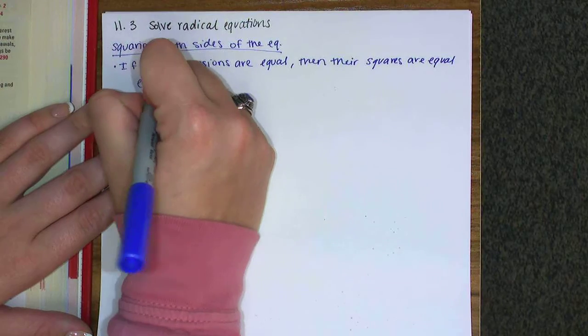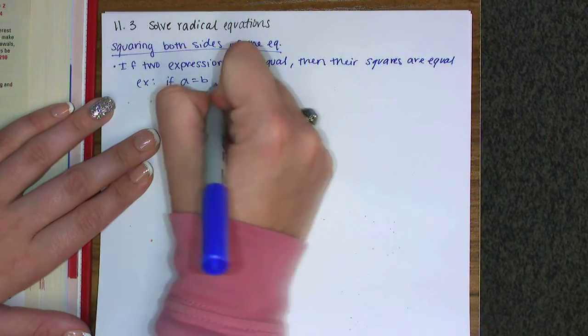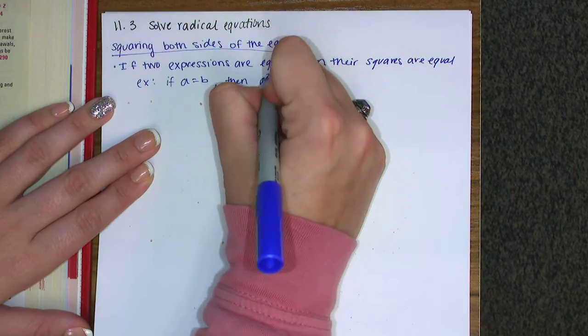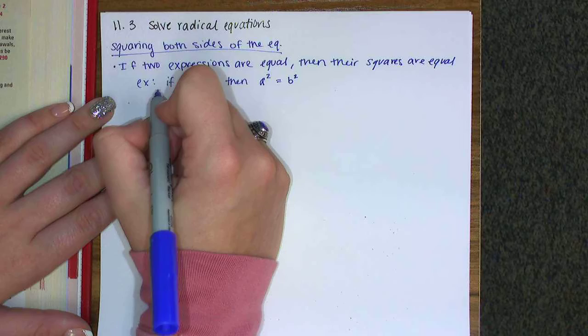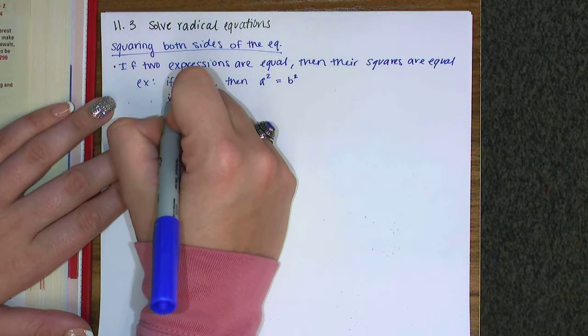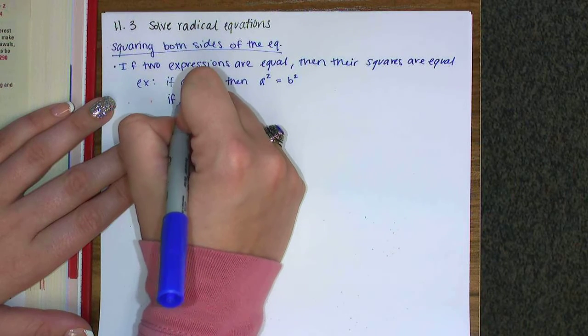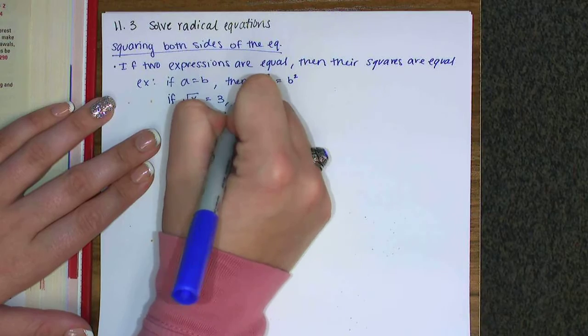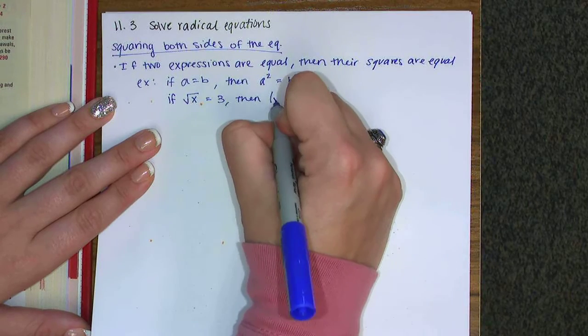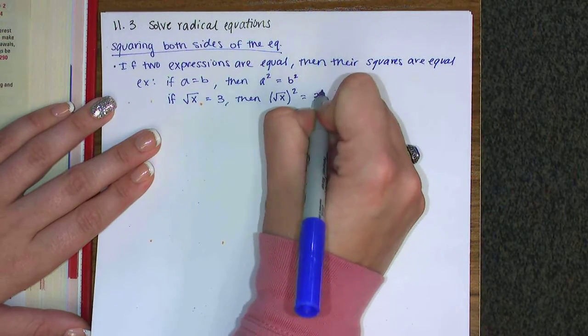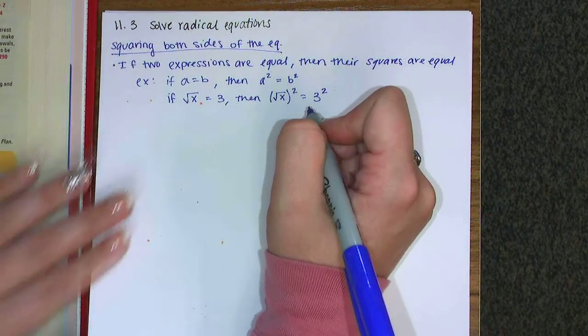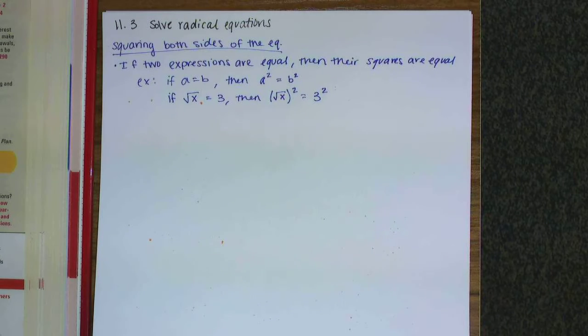So for example, if A is equal to B, then A squared is equal to B squared, and if the square root of x is equal to 3, then the square root of x squared is equal to 3 squared. So this will be a concept that we use a lot in this section, squaring both sides. So we're just going to jump right in.